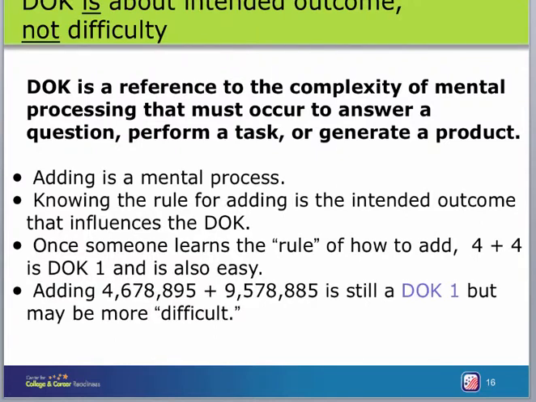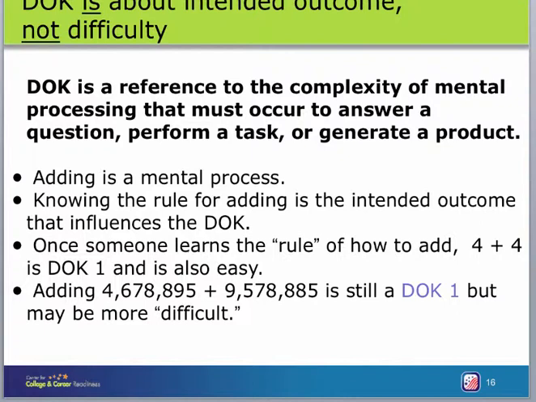So adding 4,678,895 plus 9,578,885 is still depth of knowledge 1. It doesn't matter that it's difficult. It doesn't matter that there's lots of carrying. All you are asking students to do is demonstrate that they know the rule of how to add and how to carry numbers. It's difficult, but it's not complex.